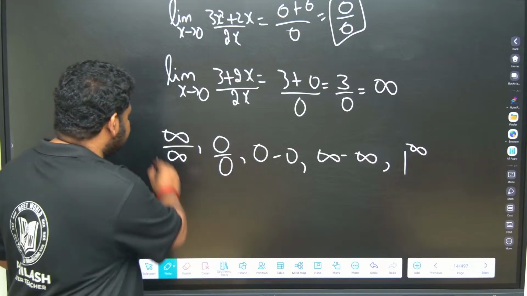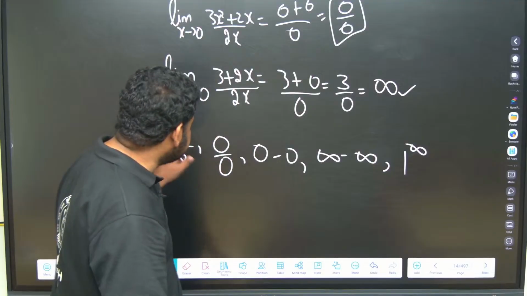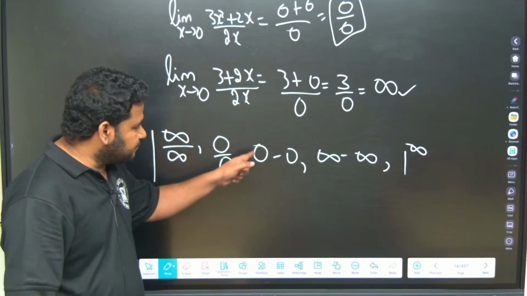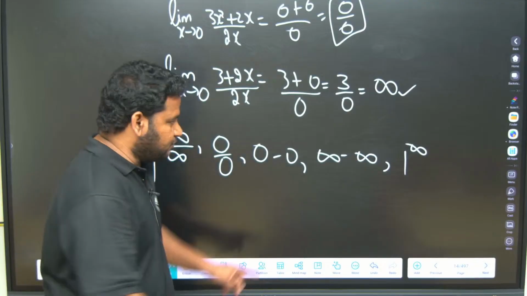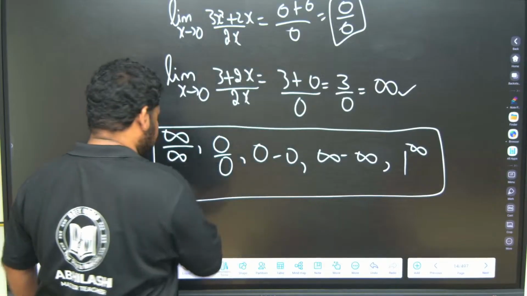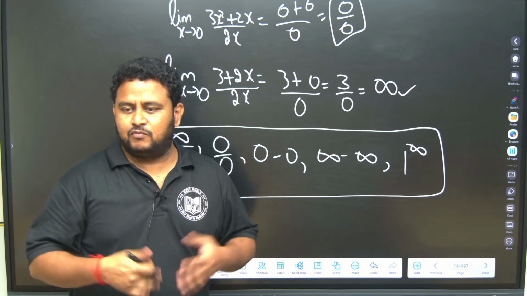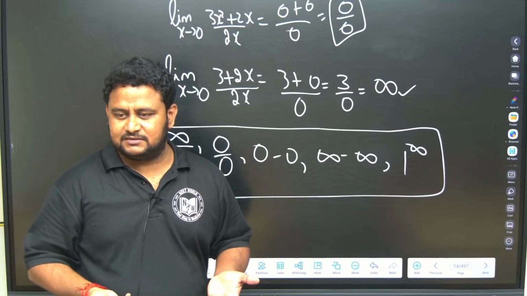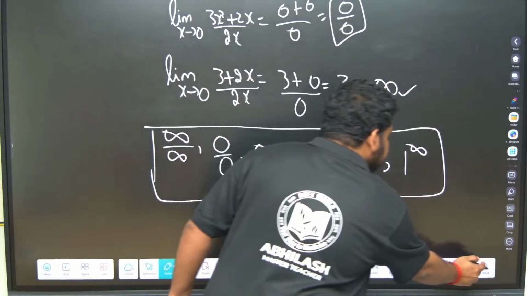Getting infinity is perfectly okay, but I should not get infinity by infinity, 0 by 0, 0 minus 0, infinity minus infinity, or 1 to the power of infinity. For these forms, am I able to determine the value? I am not able to determine the value. What is the opposite word of determine? It is indeterminate. So what are these forms called? Indeterminate forms.